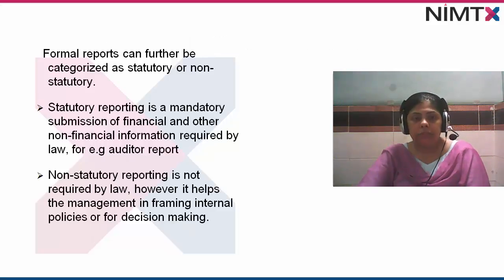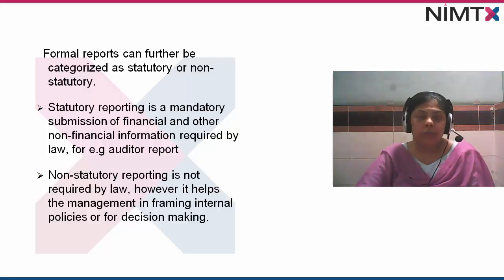Formal reports can further be categorized as statutory or non-statutory. What is a statutory report? If it is required by law that you have to have a report, then it is called a statutory report. Non-statutory is not required by law.